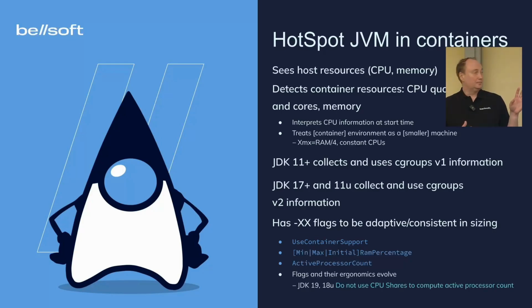So the classical JVM tries to utilize some container resources, but it's still very conservative. And we just discussed it yesterday, by the way, in a smaller OpenJDK circle. So there are proposals: let's raise the bar.